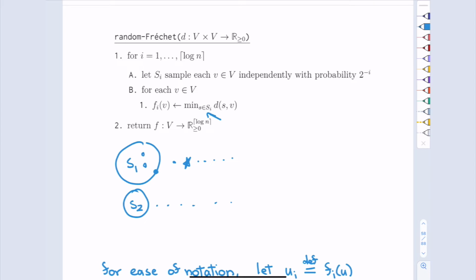Down at the bottom, you're only sampling like one vertex and just computing distances from this point. It's another one of these remarkably silly algorithms. It's very simple. I'm just sampling sets and computing distances from the sets. It seems to be, for some technical reason, advantageous to space them out in powers of 2.